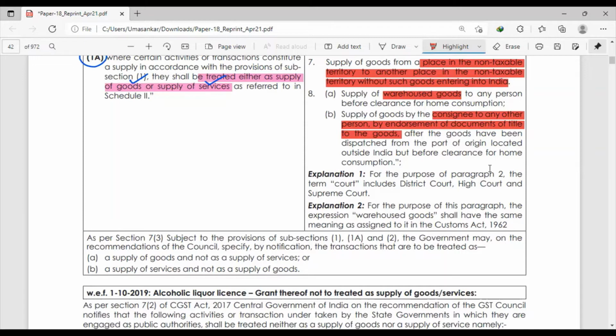Then also it will not be considered as supply. Here one explanation is given: for the purpose of paragraph 2, the term court includes district court, high court, and supreme court.